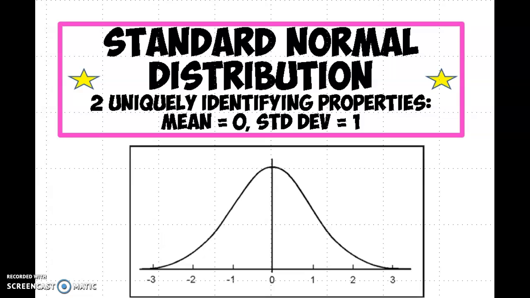And you can see in the picture at the bottom of your screen, I have a standard normal distribution curve graphed here. How do I know it's standard? Because the center number is 0, that's the mean, median, and mode. And then I have increments of 1 here along the number line on the bottom, indicating the standard deviation of 1.